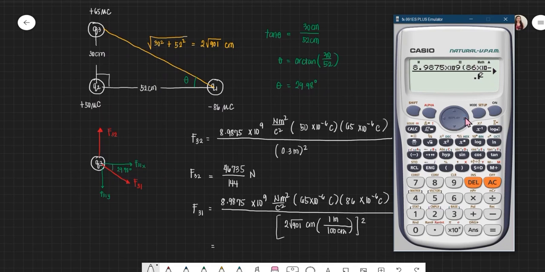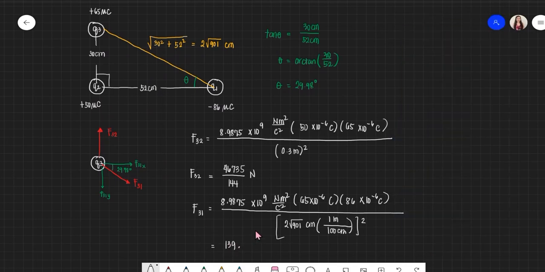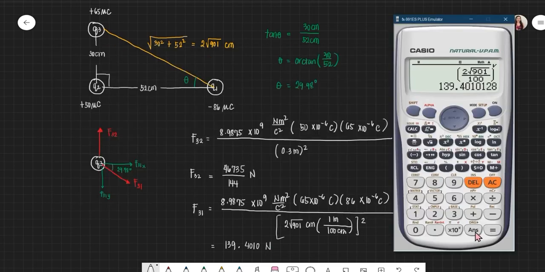And in the denominator, we are going to put 2 square root of 901 over 100, and then raise that to the power of 2. So that is 139.401 newtons. Okay, let's just store that in B.